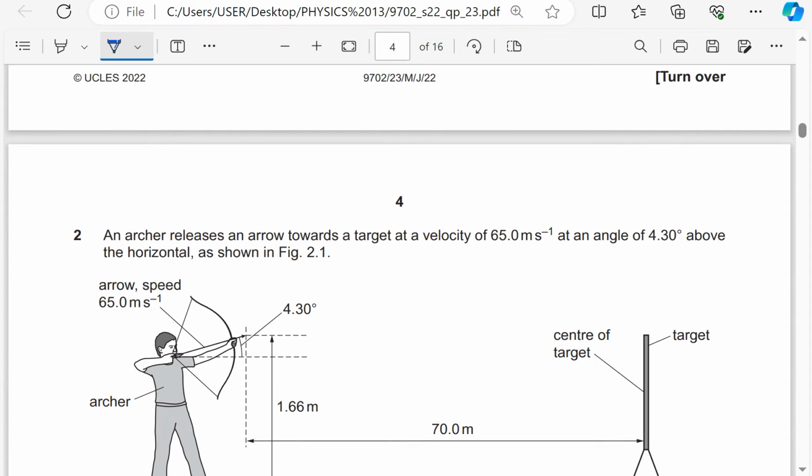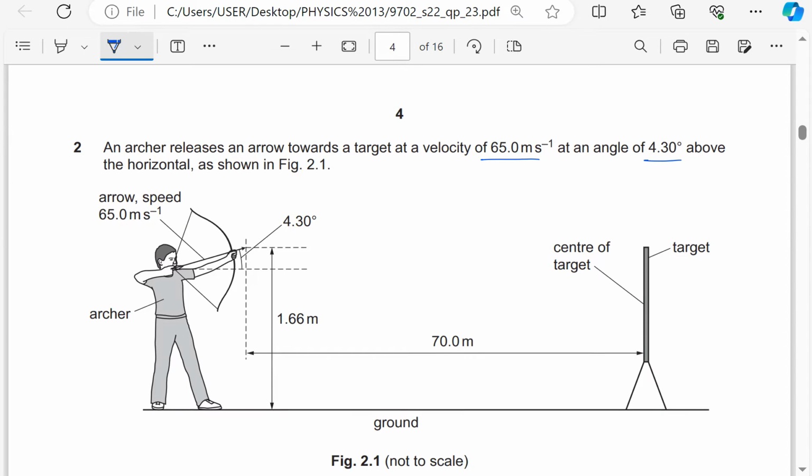Question 2. An archer releases an arrow towards a target at a velocity of 65 meters per second at an angle of 4.30 degrees above the horizontal as shown in the figure. I'll just prolong this first so that my calculations become very easy.